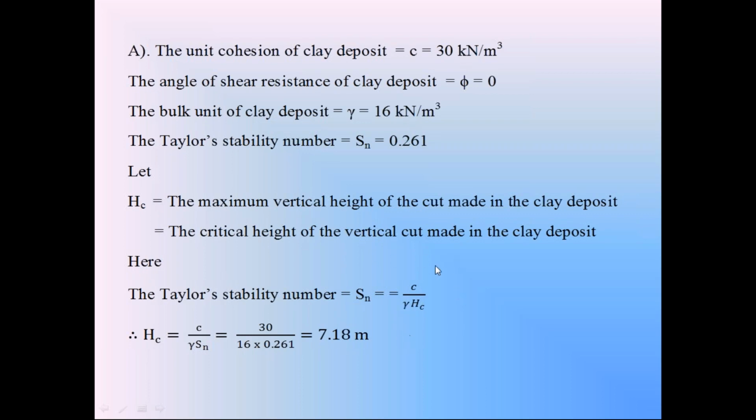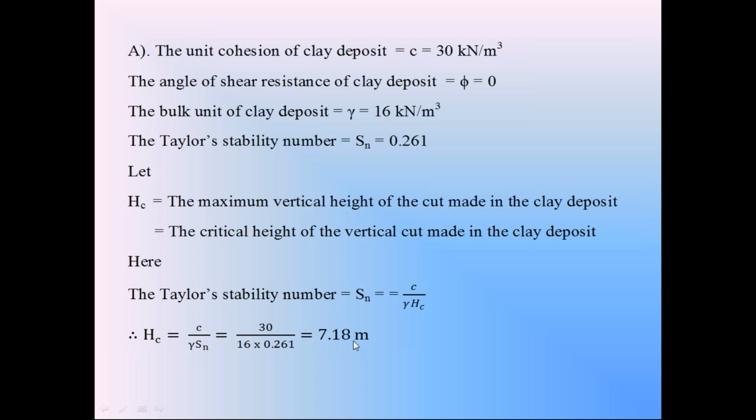From this equation, the maximum vertical height HC is equal to C by gamma into SN. Substitute the C value 30, gamma value 16, and SN value 0.261, and you will get this maximum height of 7.81 meters. Please focus on this value.